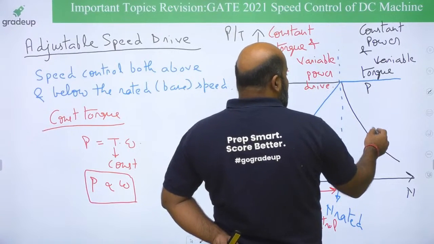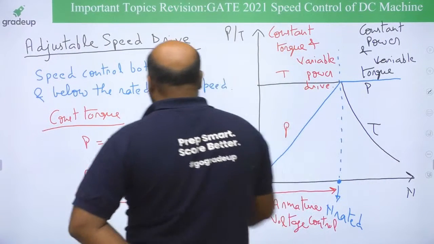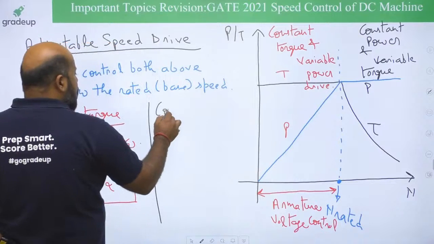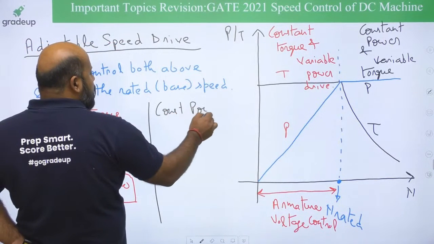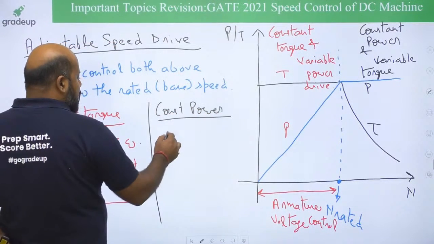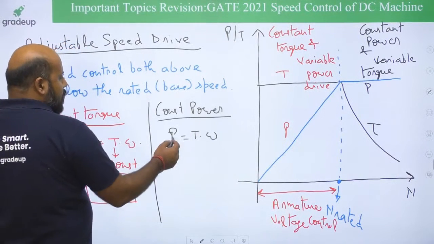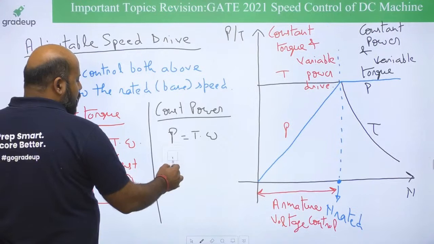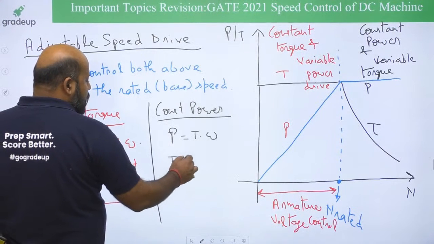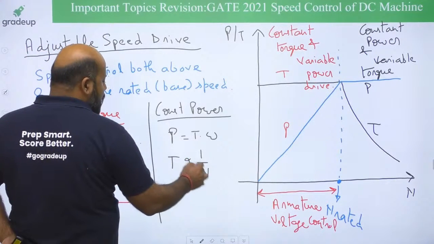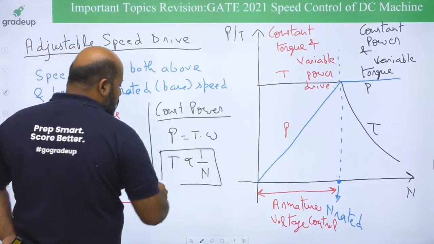This is going to be constant power and this is going to be torque. For example, if power is going to be constant, we have just seen power you can write as torque multiplied by speed. So if power is going to be constant, torque is going to be inversely proportional to the speed.